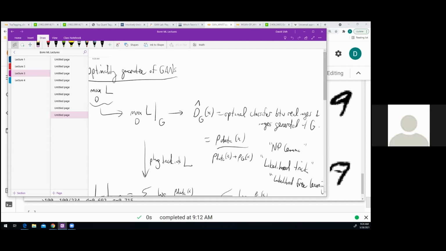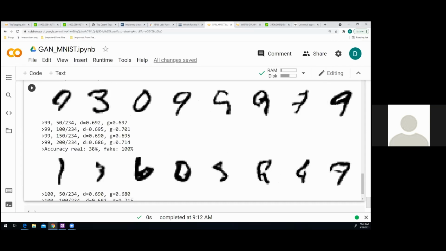Confusing then, because if it really generates only zeros, if it's perfect zeros, it will fool the detector 100% of the time, right? Well, you mean if it generates perfect zeros, then the discriminator won't be able to tell the difference, so that'll be like 50-50, right?